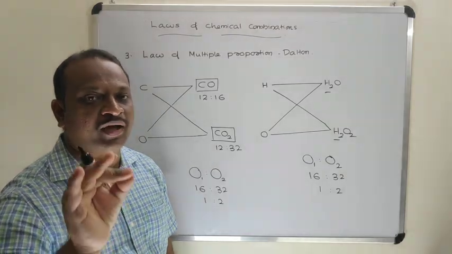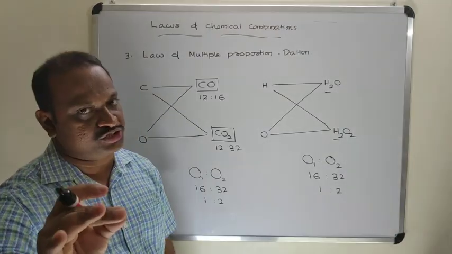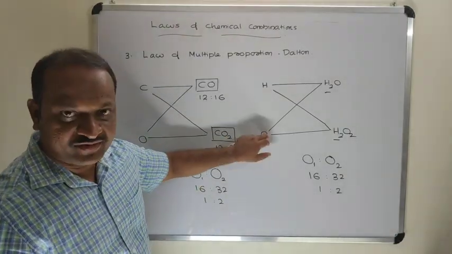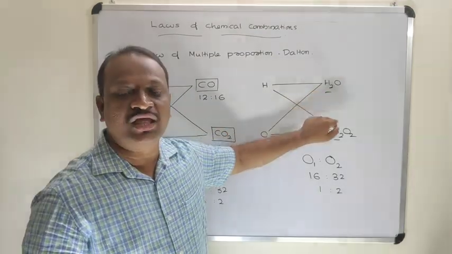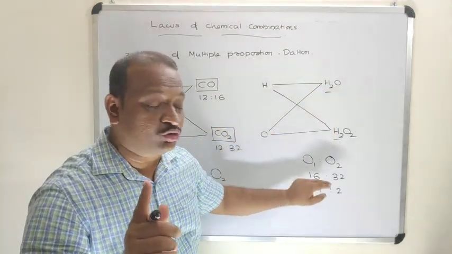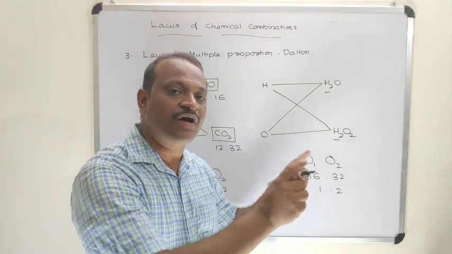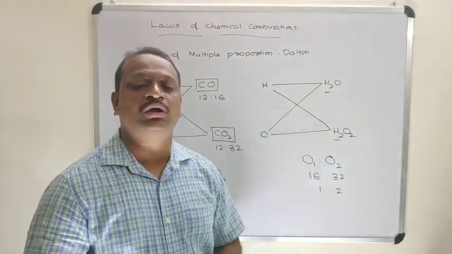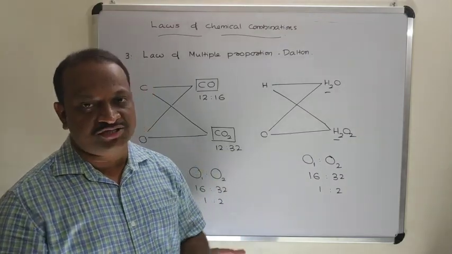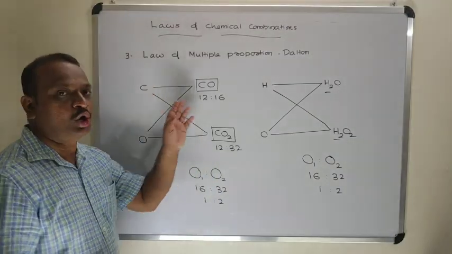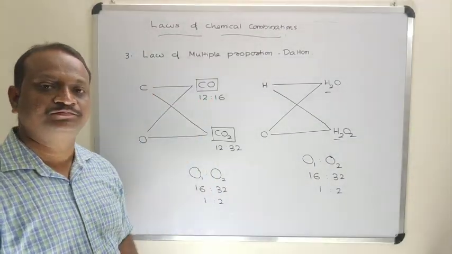So what is meant by law of multiple proportion? When two elements combine to form more than one compound, then the ratio of weight of one element that combines with fixed weight of another one bears a simple whole number ratio. So this is what is called the law of multiple proportion.